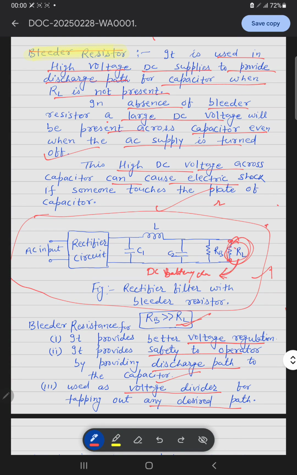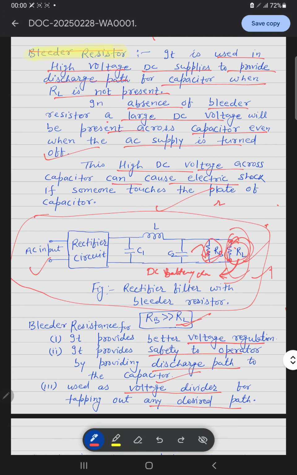Load resistance is where the equipment will be connected to charge the battery. Once the equipment is removed, the capacitor will be discharged through this bleeder resistance.